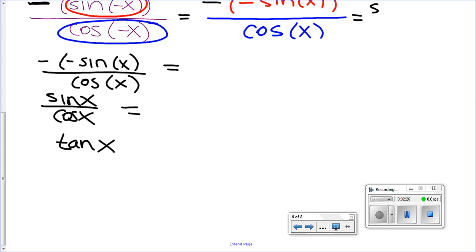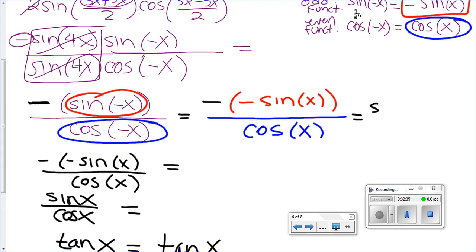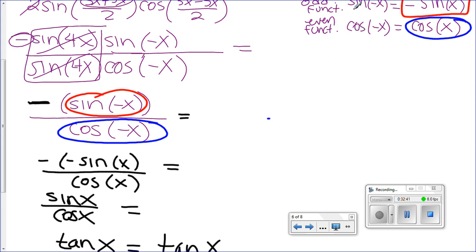Tangent of x. And of course, that's what we were trying to prove. So we have verified that the identity is true. Now, this is a very good example of why identities are useful. I'll give you time to copy it.